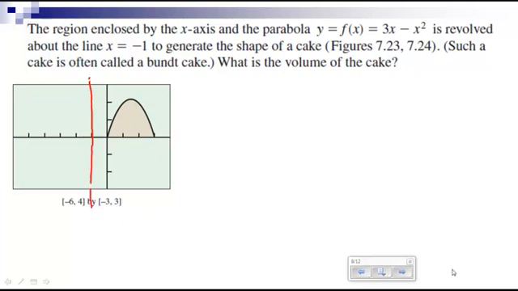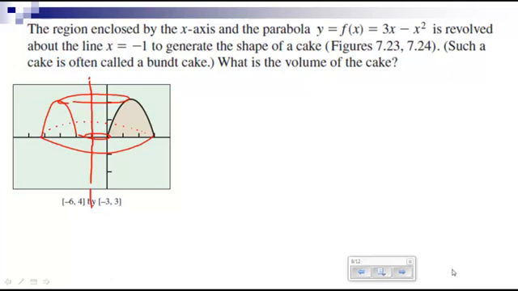So I want you to imagine taking this little piece, hinged at that axis line, and when I rotate it around, it would create another hump right there. Here's our bundt cake. What is the volume of deliciousness embedded in this bundt cake?